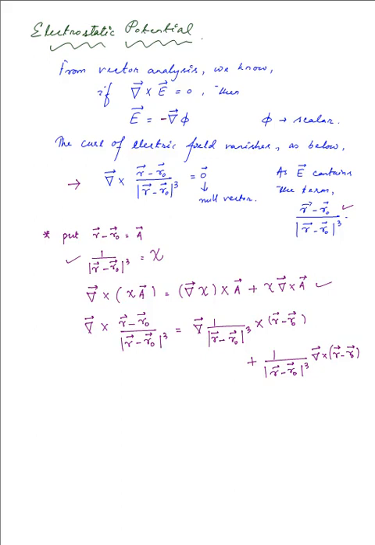The curl involves the gradient operator, which is simply d over dr, where r is the variable we are talking about when taking the curl. So for the second term, obviously this is going to go to 0.